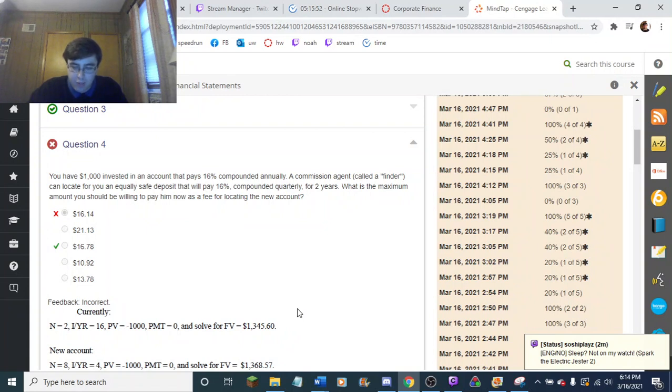Compute, future value. I got the right answer by using more decimal places. Oh my goodness. It was a rounding error. That was the reason I got the question wrong. It was a rounding error.